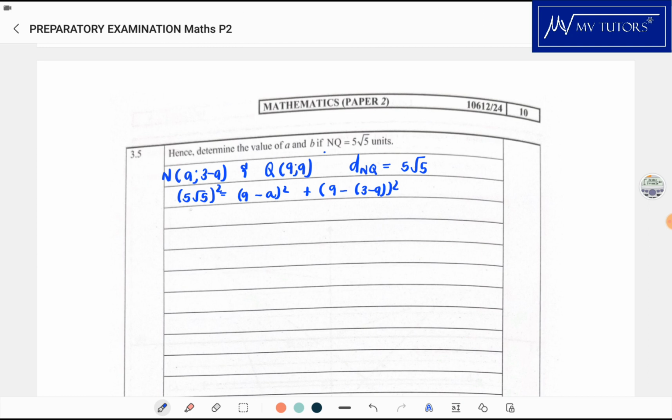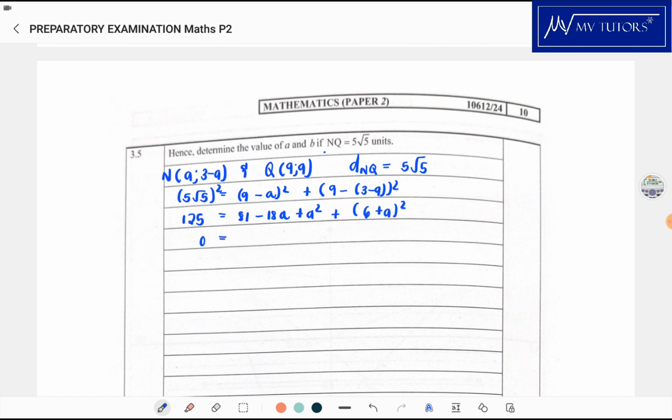So 5 squared is 25, root 5 squared is 5, so 25 times 5 is 125. And 9 minus A squared gives 81 minus 18A plus A squared, plus 9 minus 3 is 6, minus minus gives plus A, and that is squared.